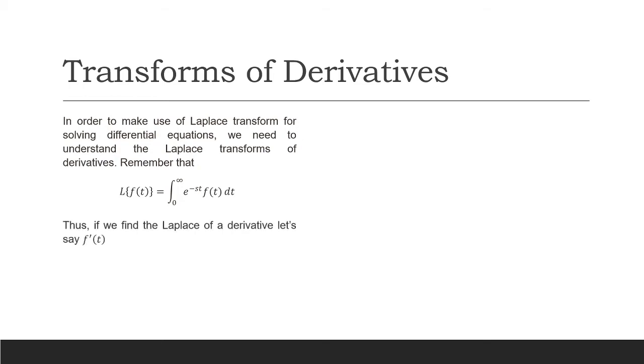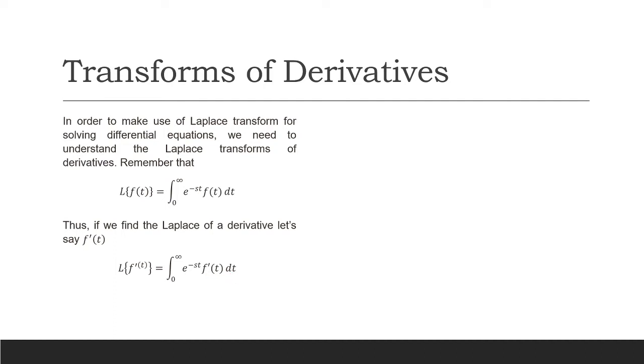So, in case na ang ilalaplace natin is a derivative, let's say for example, f prime of t, substituting that to our definition, we will have Laplace of f prime of t is equal to the integral from 0 to infinity of e raised to negative st f prime of t dt.